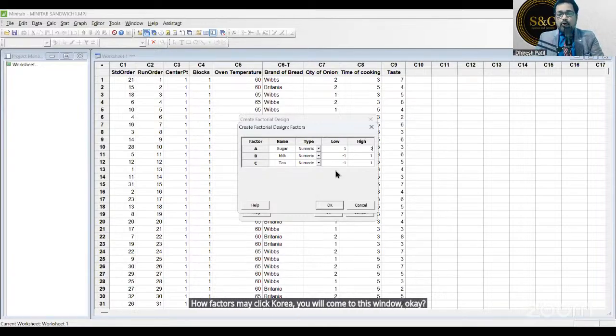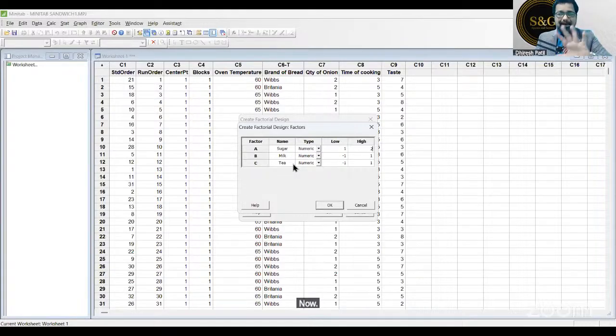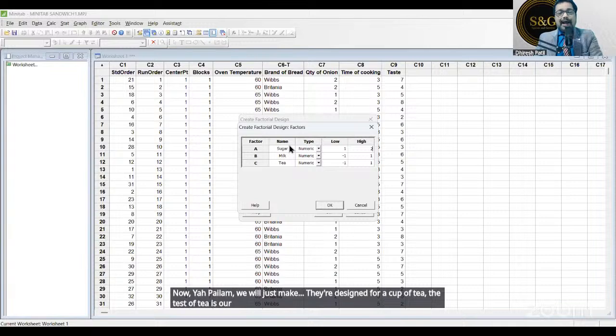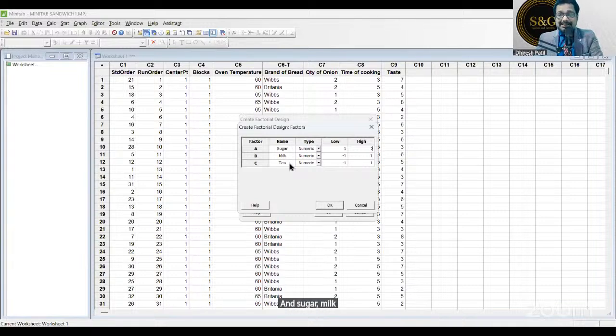Okay. Now here we will just make a design for cup of tea. The taste of tea is our Y. And sugar, milk, and tea. Okay. These are our parameters. Okay. Now, so the first is sugar. Give the names sugar, milk, and tea. Now the type is numeric. Sugar is numeric.